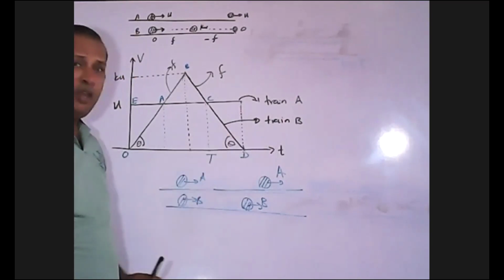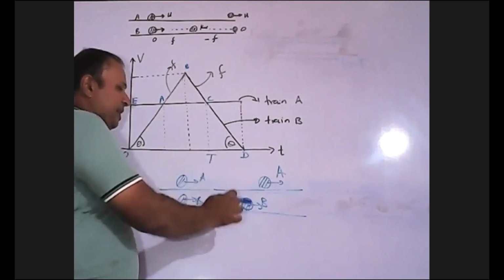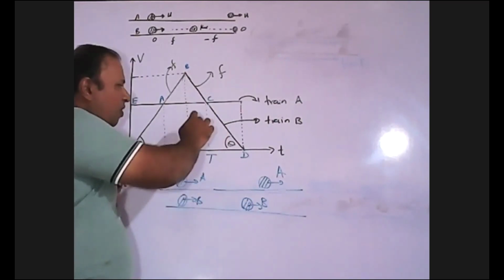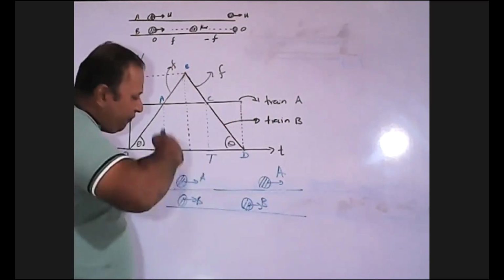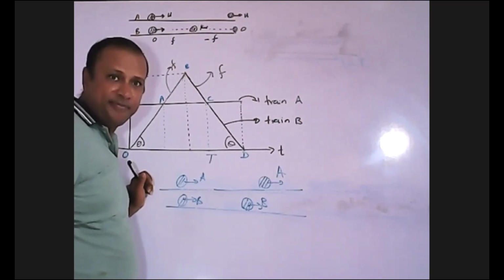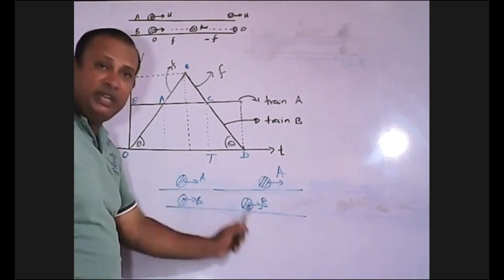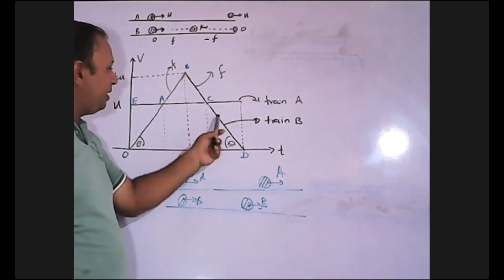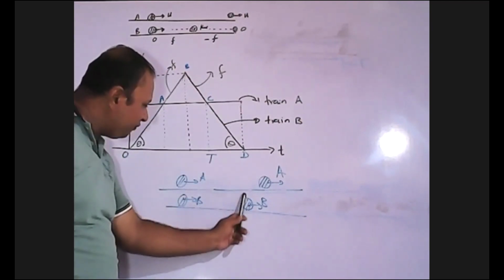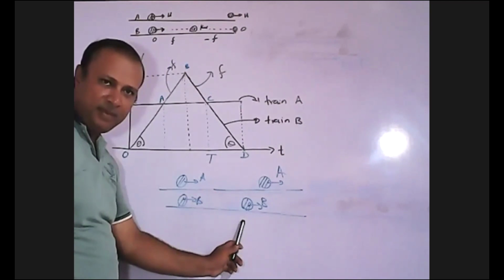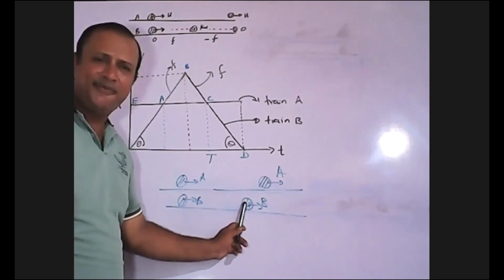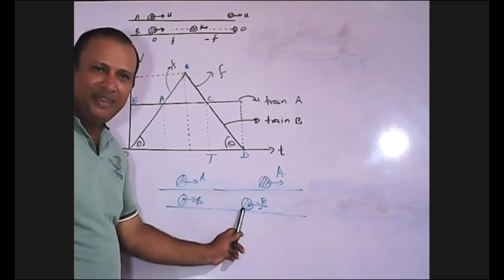That means after this point, we know the velocity of B definitely is smaller than A. The velocity of B definitely is smaller than train A. We know that thing. That means after passing this point, train B can never pass train A. Okay?